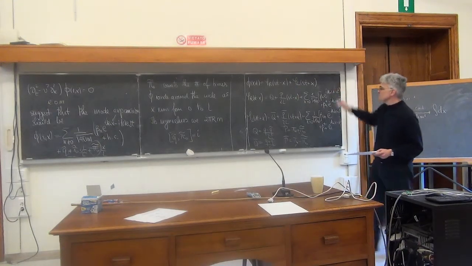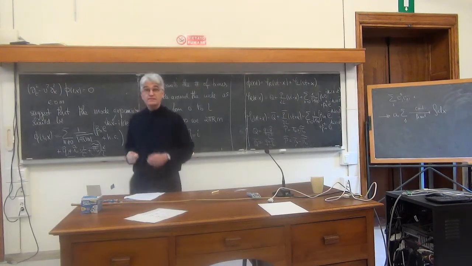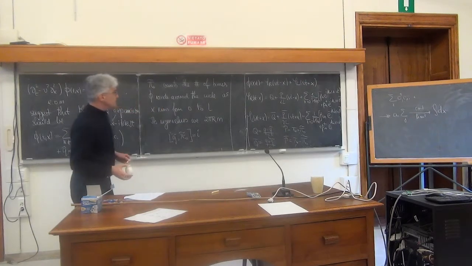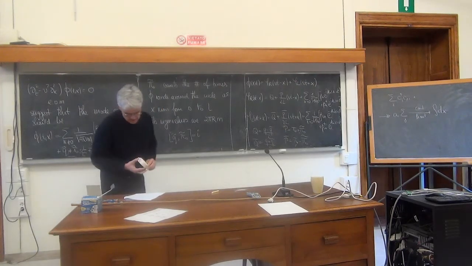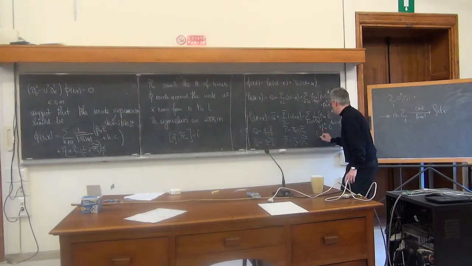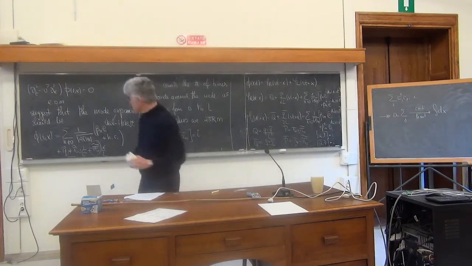Okay, so those are the mode expansions as they're usually written in the literature. These are still canonical conjugates, so the commutator of Q with P is i, and of Q bar with P bar is i. So these are still canonical conjugate variables.